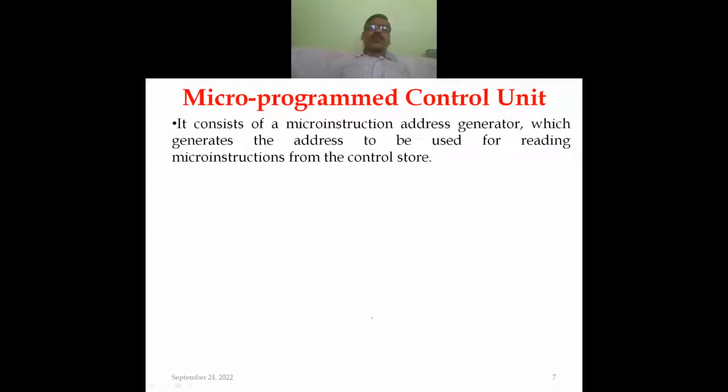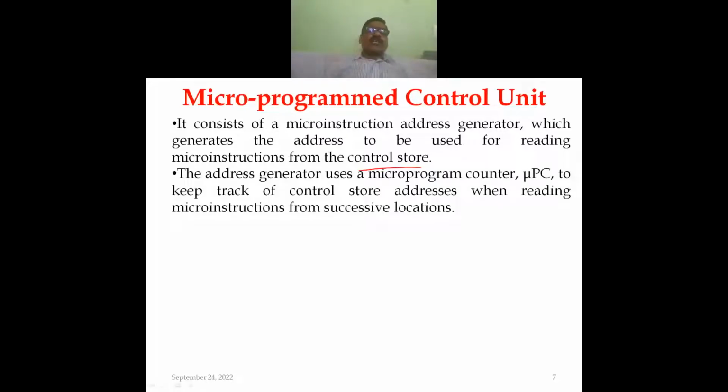The microprogrammed control unit consists of a microinstruction address generator, which generates the address used for reading microinstructions from the control store. The control store is nothing but a memory. The address generator uses a microprogram counter, micro PC, to keep track of control store addresses when reading microinstructions from successive locations.